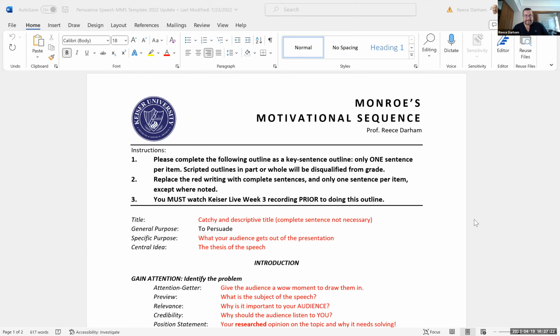So make sure you have a single viable problem and a single viable solution, one of each, only one. Also, your problem and solution should not be just a rewording of one another.